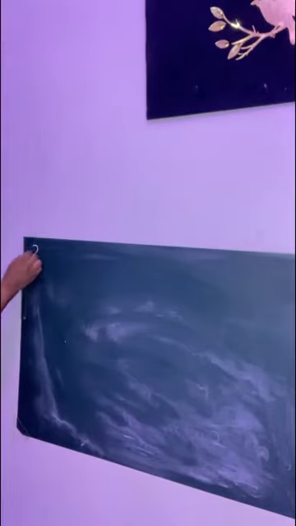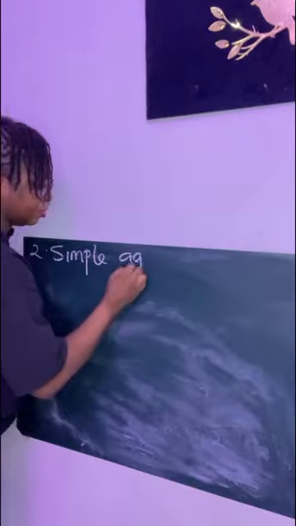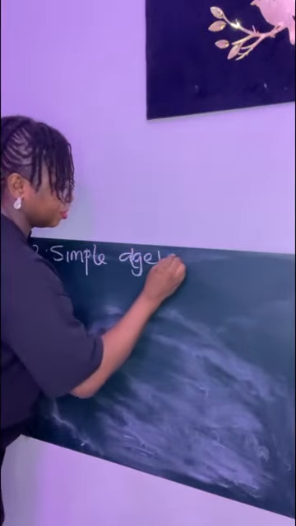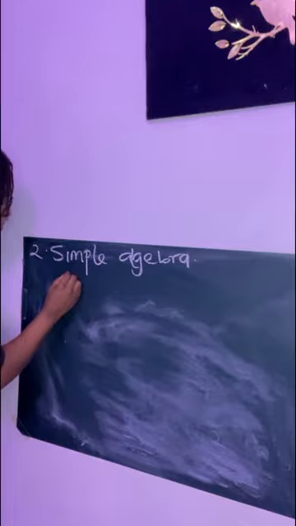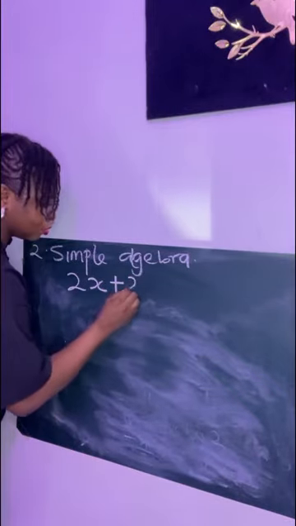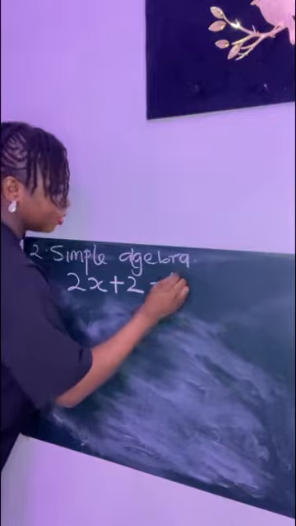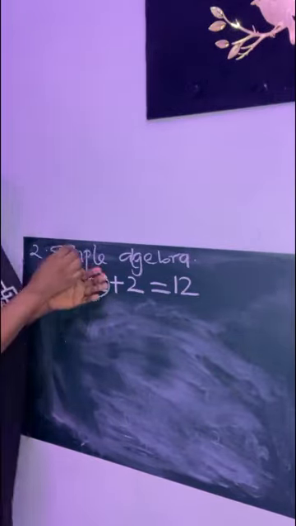Then the second one we have is simple algebra. This is where you look for x. This is when you have something like 2x plus 2 equals 12, and you will be asked to look for x.